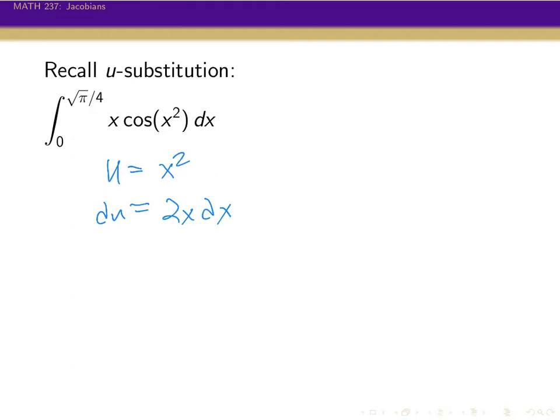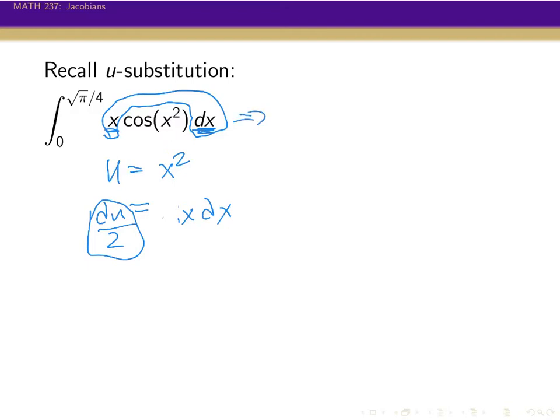And then we notice that there's an x dx right here. And so if we divide by 2, get rid of that 2, then we know we're supposed to replace this x dx with du over 2.